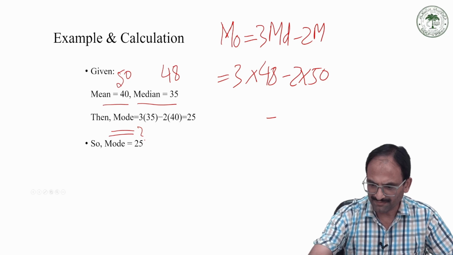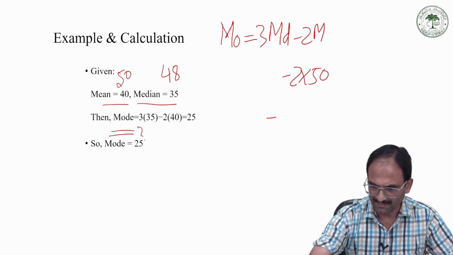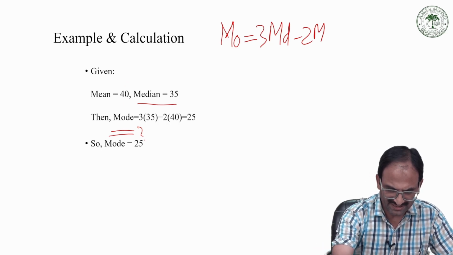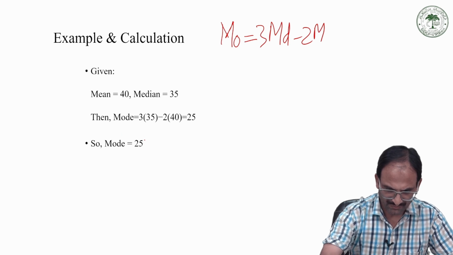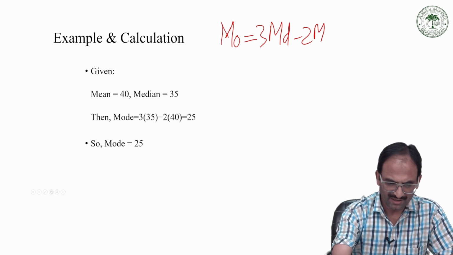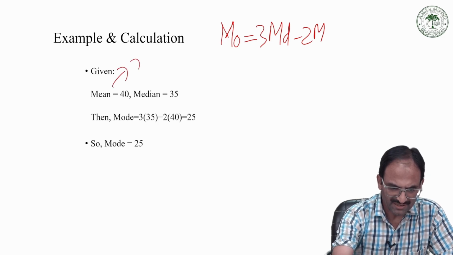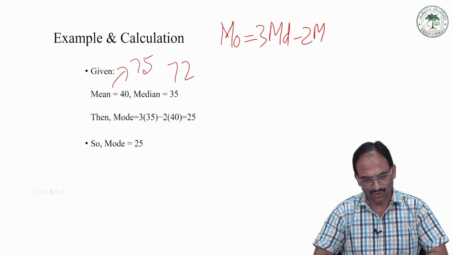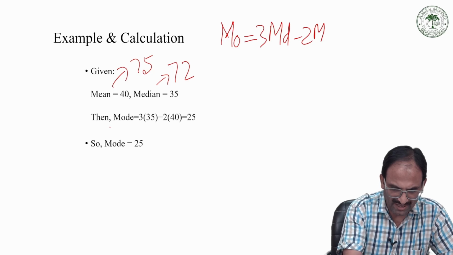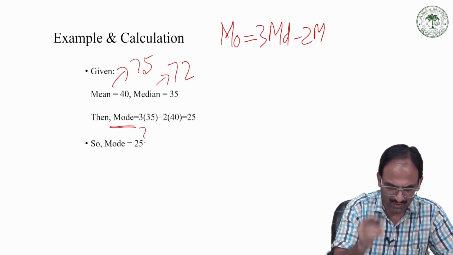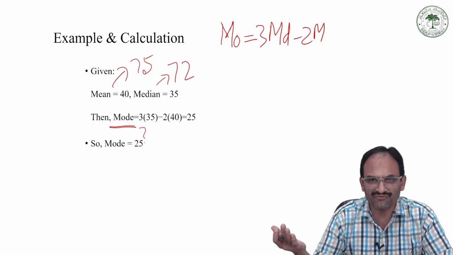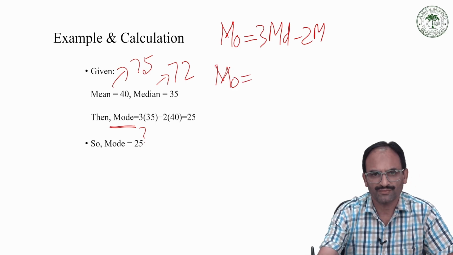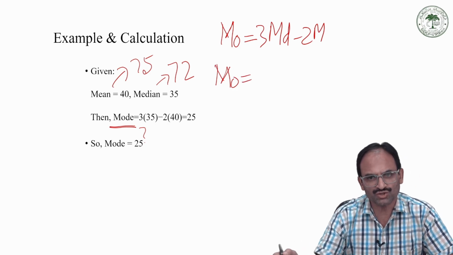So this time I'm going to take another example. Suppose there is a distribution for which the mean has come out to be 75, whereas the median has come out to be 72, and you are required to find out mode. So use the same formula. What you will do? Mode is equal to this formula, 3 into median minus 2 into mean.